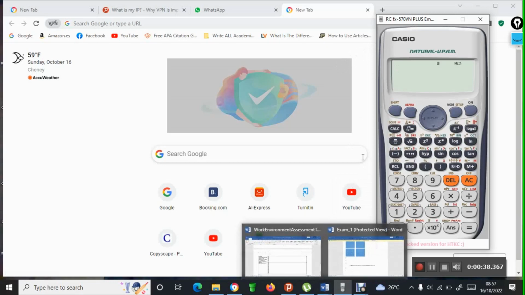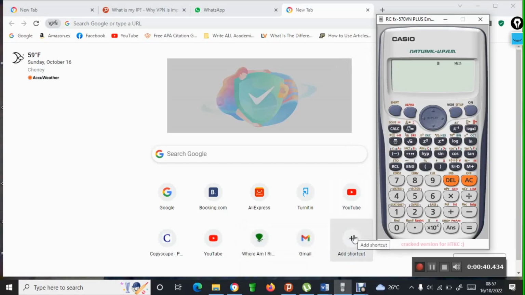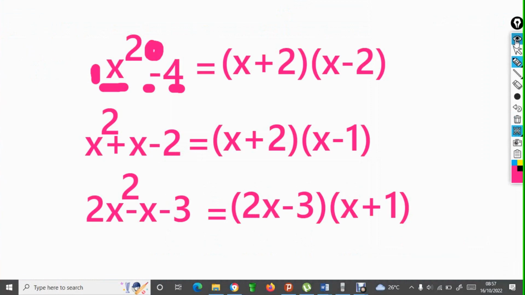So the questions that we had in the previous lesson, what we want to note is the coefficient of x squared, the coefficient of x, and the coefficient of the constant term. In this equation, the question was x squared minus 4, and we got x plus 2, x minus 2.